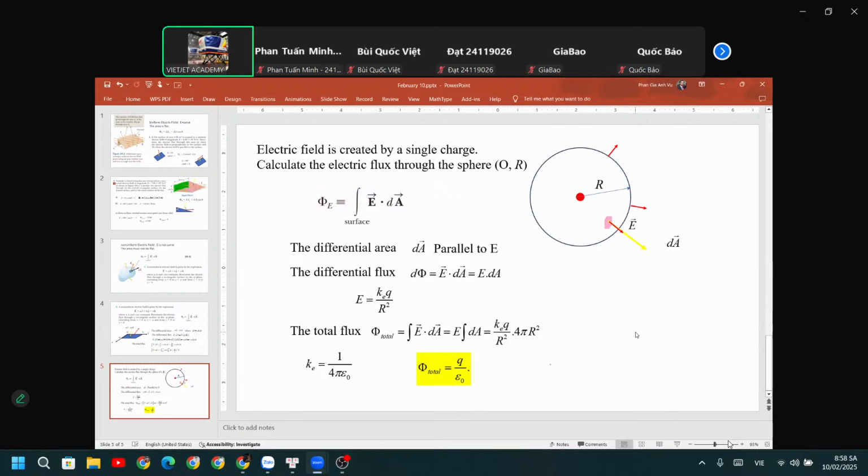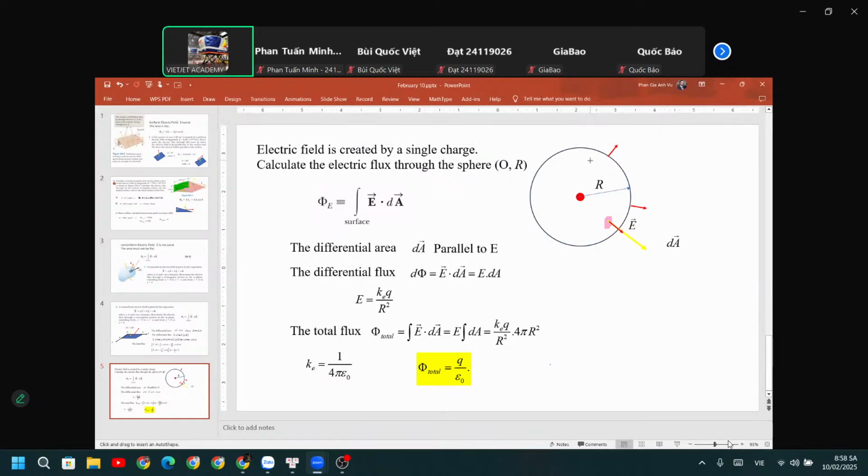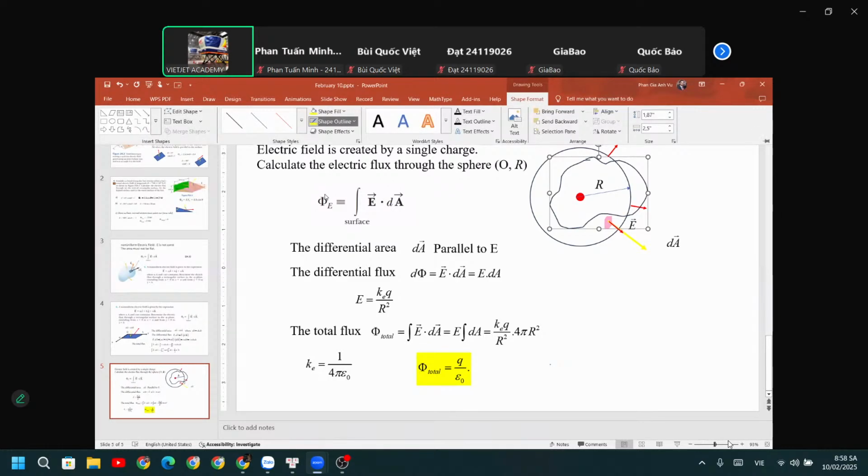So it means you can draw the bigger sphere, smaller sphere, and so on. And even if you draw the surface like this, the surface of any shape like this, right? The red surface here.